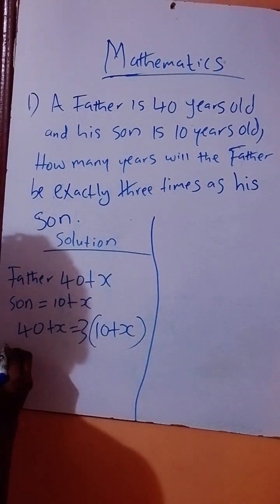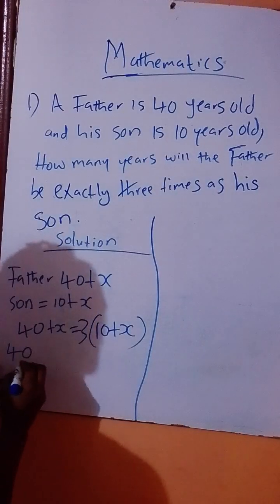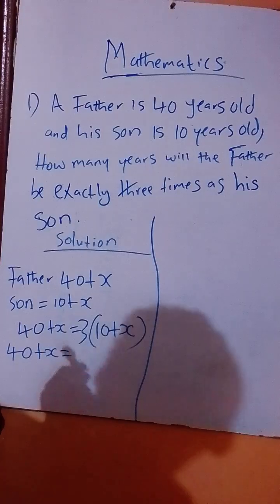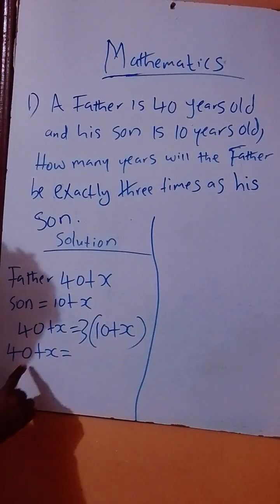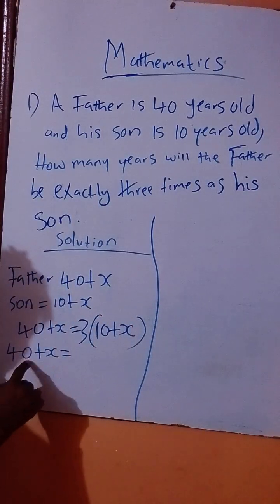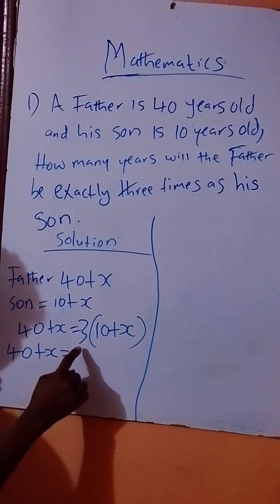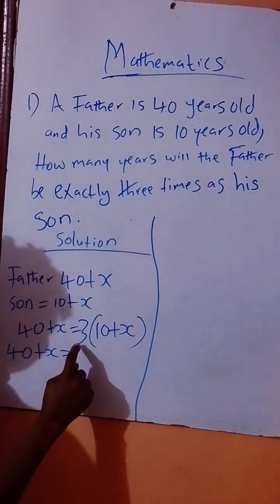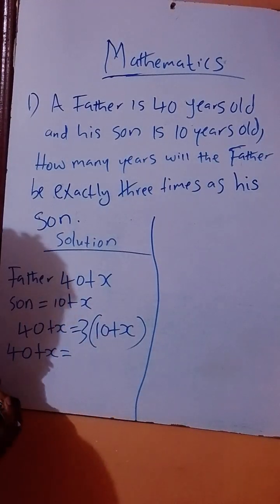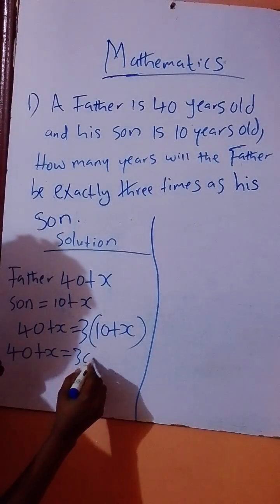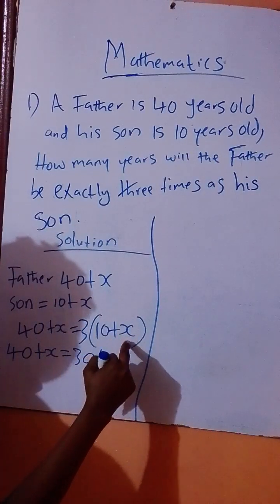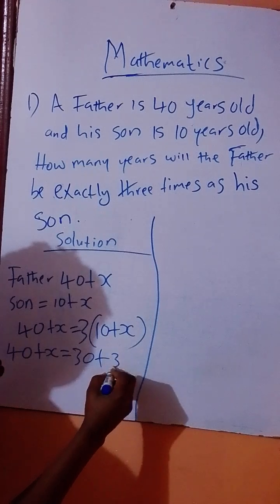We bring down this 40 plus S, equals to, use this 3 now to multiply through this bracket. 3 times 10 is 30, plus 3 times S gives us 3S.